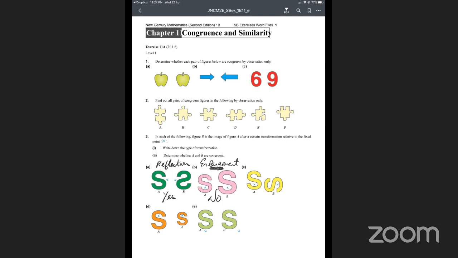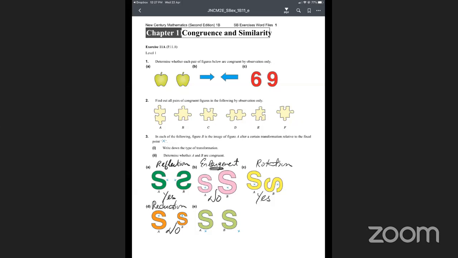What kind of transformation is C? Rotation. Yes, rotation. Then how about D? It becomes smaller. Reduction. Reduce has the meaning of decrease, so it becomes smaller. If there is any change in the size, the two figures are not congruent anymore.